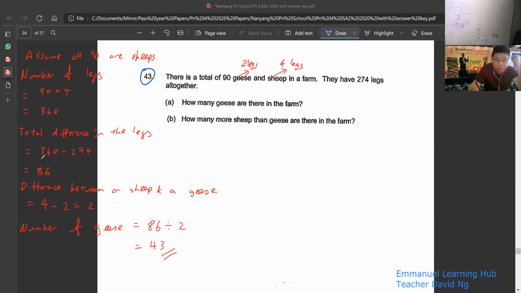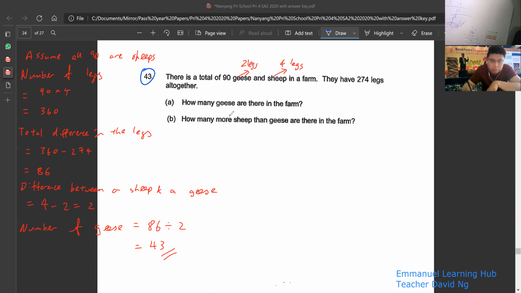So this is the total difference in the legs. Divide by each difference, you have the number of geese. Because the difference is caused by the number of geese. That's why you use the total difference divided by each difference, you have the number of geese.